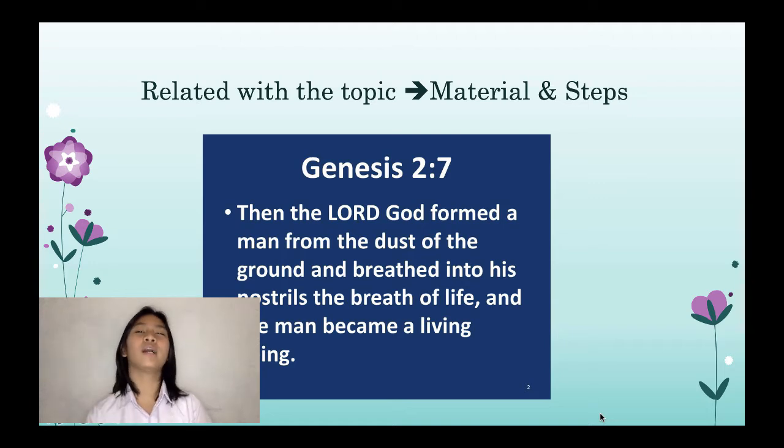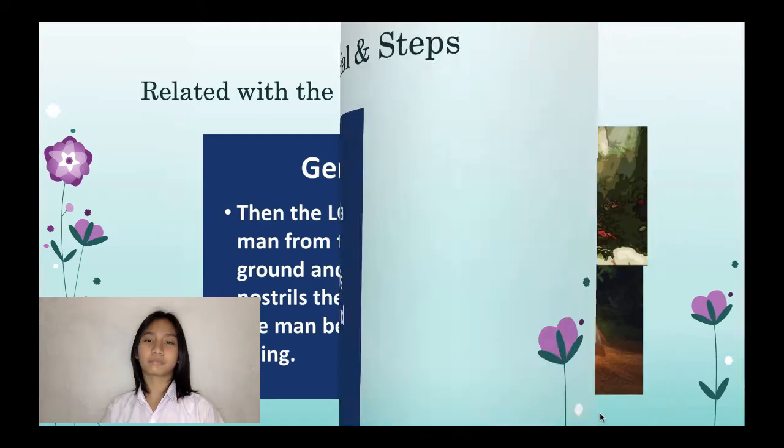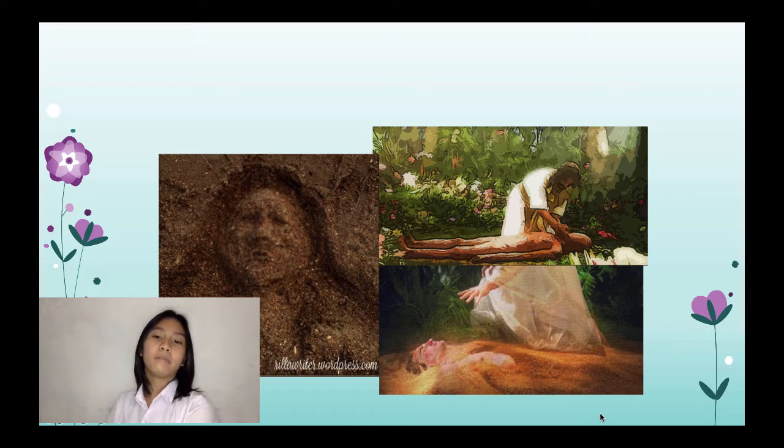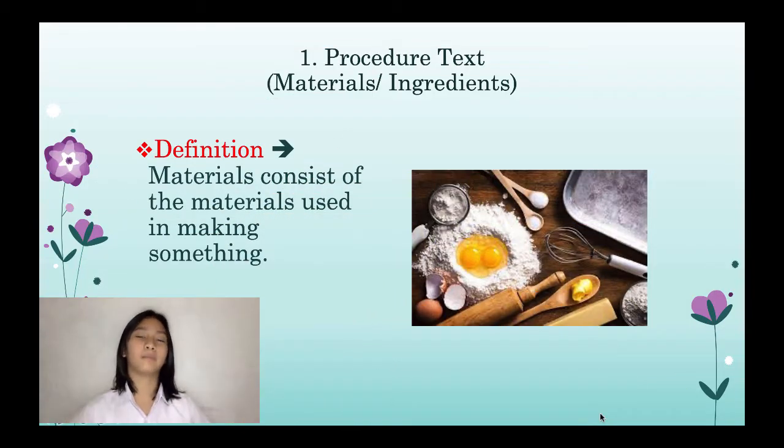But when God made Adam, God actually needed a few materials and steps. As you guys can see on the screen, there are materials and a few steps of how God made Adam. Let's see the picture of how God made Adam. He formed and then he breathed the breath of life. Okay, let's move on to our topic.